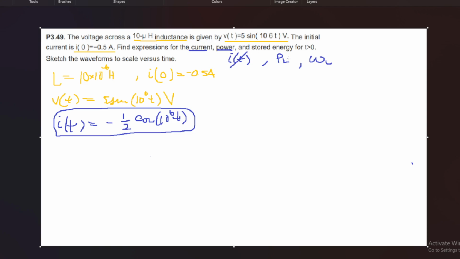So now we're going to solve for the power. For the power, we can say that PL is going to be equal to the voltage multiplied by the current, IL. So this would be V of t times I of t.